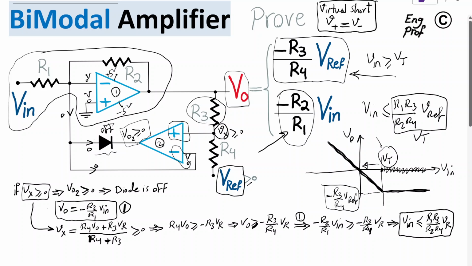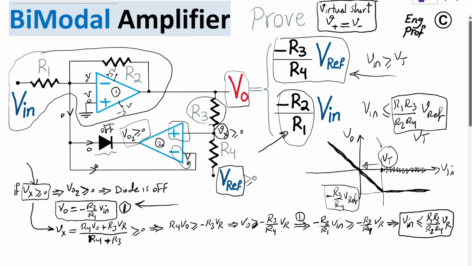So we exactly found the condition presented as the threshold. As long as Vin is less than or equal to this threshold, this situation happens, which means Vx is greater than or equal to 0, which means the diode in this circuit is off, and the circuit only works as a simple inverting amplifier with the relation between input-output as shown in equation 1.